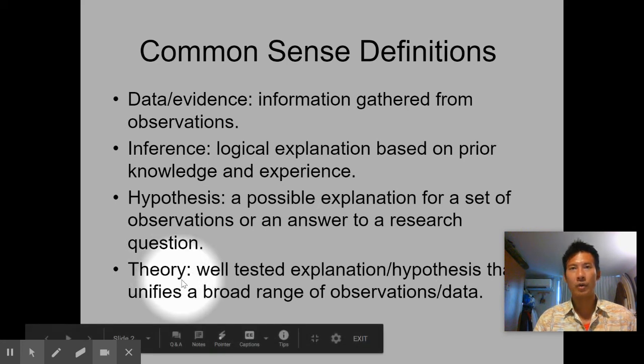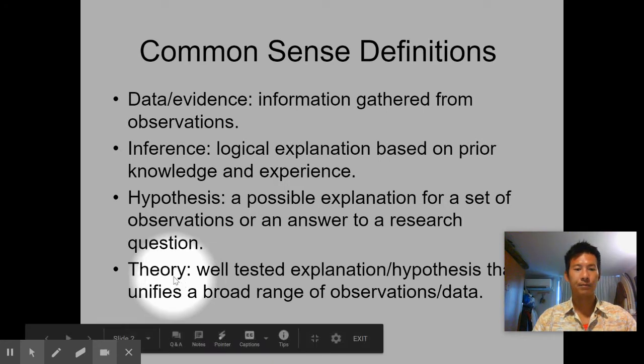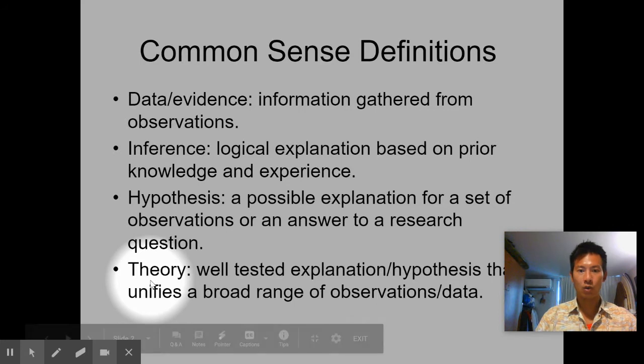Do understand that a theory can always be proven false. For example, for about 1600 years, the theory that the earth was flat held true. That's something to think about. That's a very, very long time for a theory to hold true.